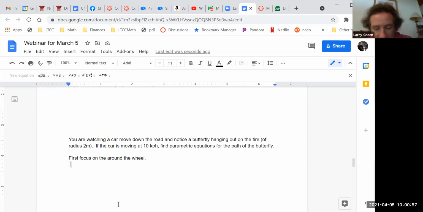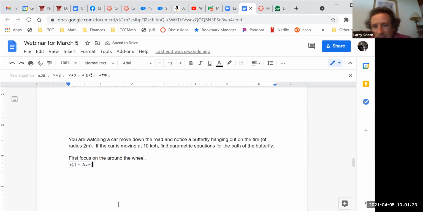So let's do that. So x of t is equal to, it's going to be the radius times the cosine of t so far. And we'll adjust. What is the radius? Yeah, 2. 2 cosine of t.